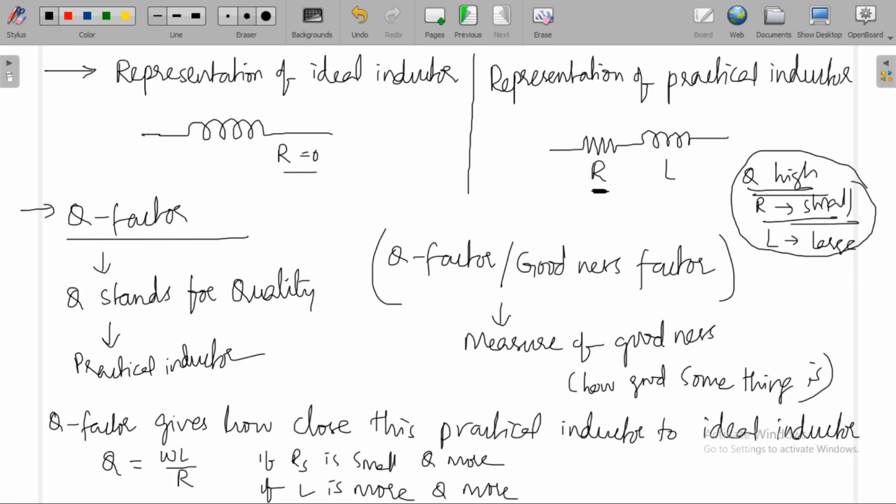Then the quality factor will be high. It measures the quality of the inductor. Q is given as omega L by R. In order to get a high quality factor, resistance should be small.